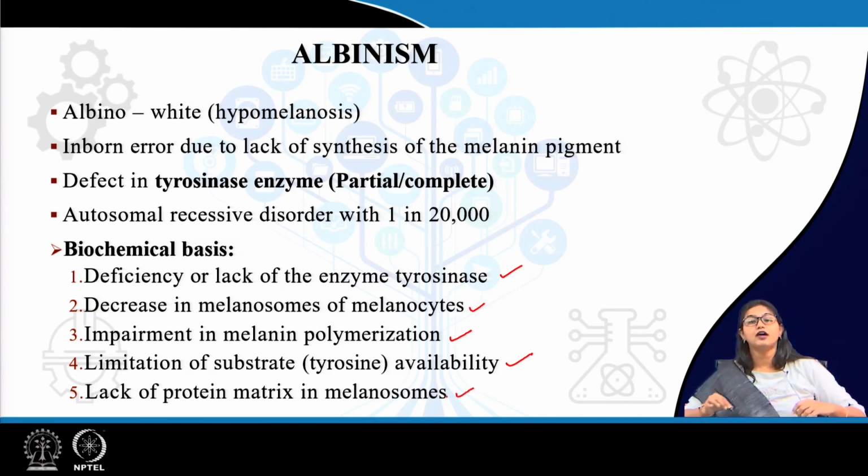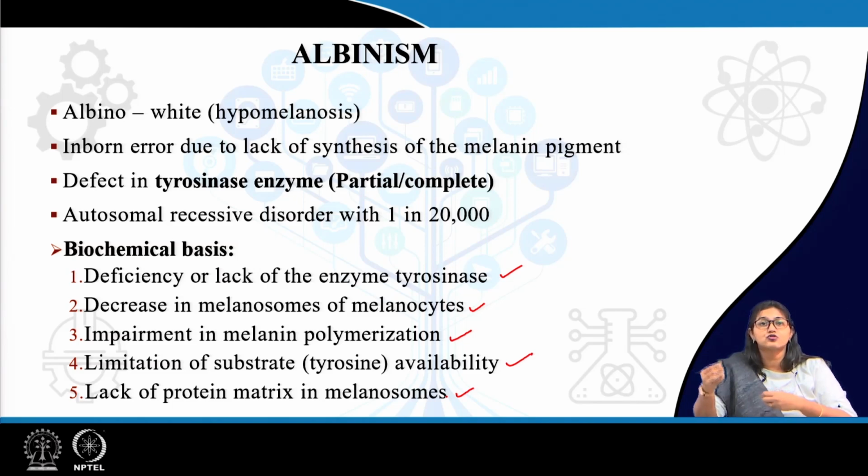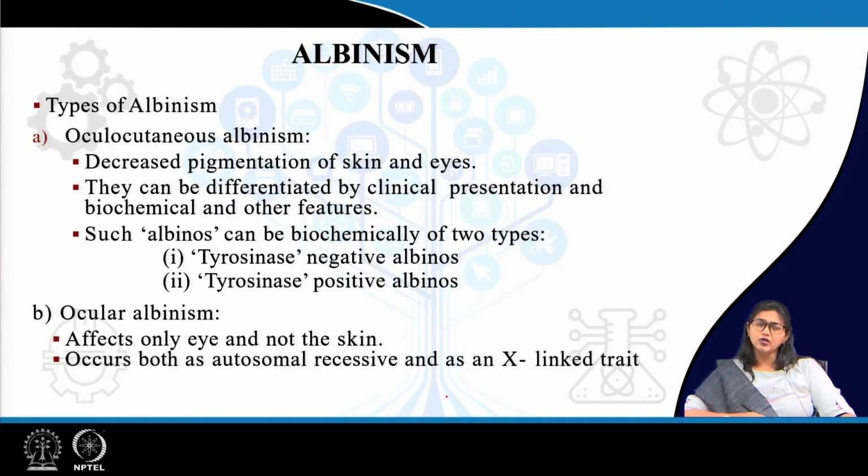See, in all these ways the melanin synthesis can be hampered, starting from the unavailability of the substrate to a defect in the suitable environment in terms of melanocytes or melanosomes, or enzyme deficiency. All these can cause a generalized melanin deficiency.